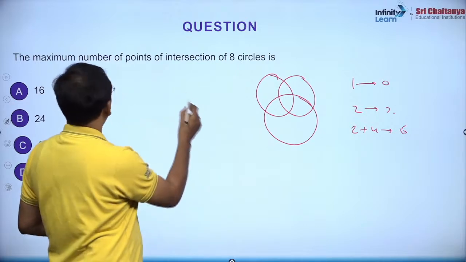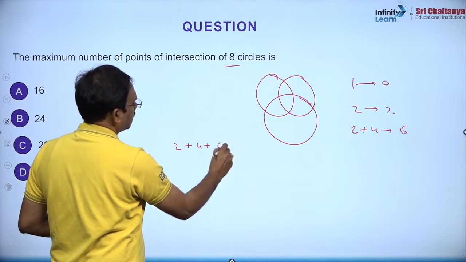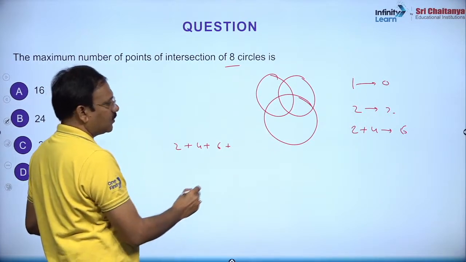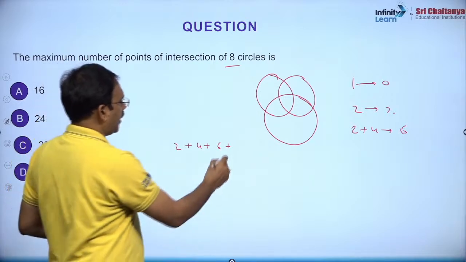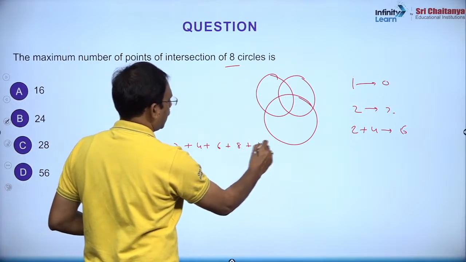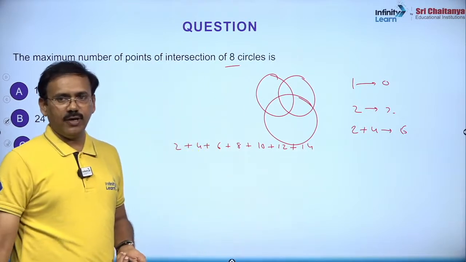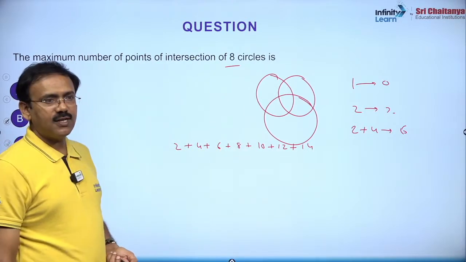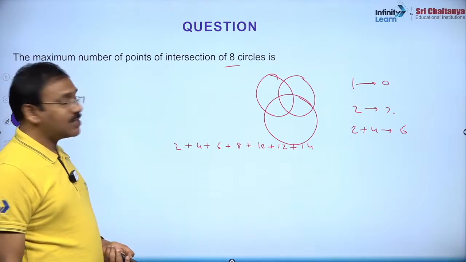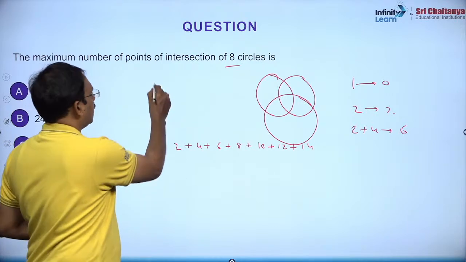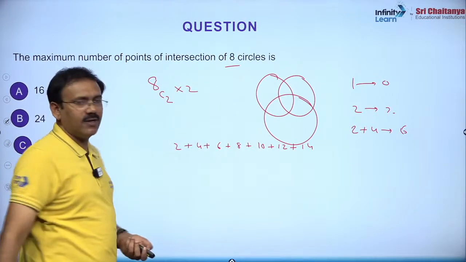So friends, if you take 8 circles, 2 plus 4 plus 6 plus 8 plus, how many terms? 10 plus 12 plus 14 you have to add. Or else you can say out of 8, whenever you select 2 circles, you will get 2 points of intersection.